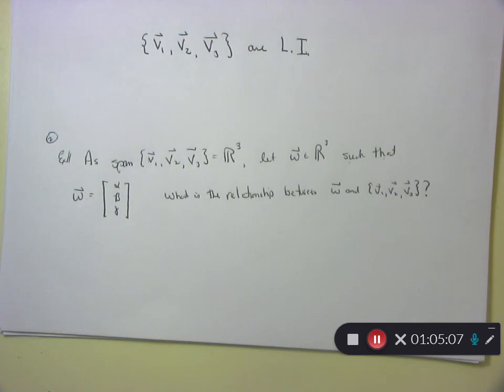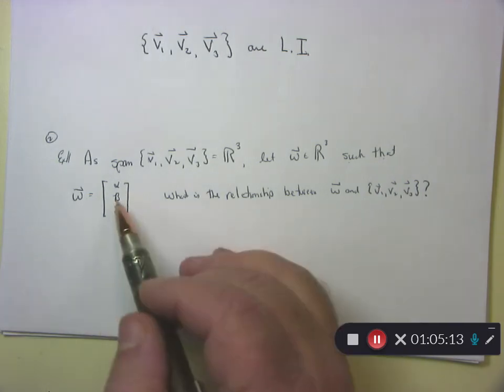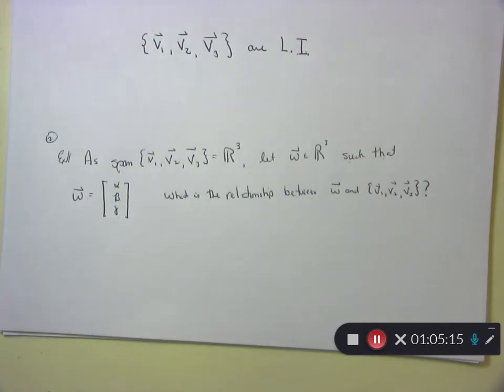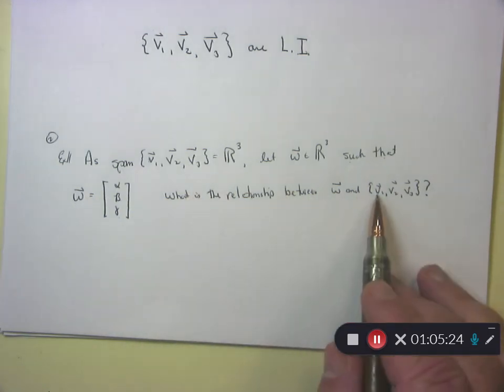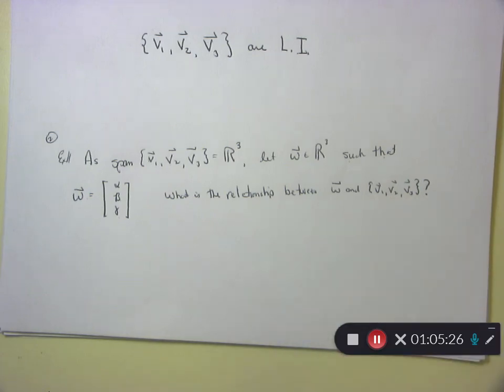It's R3, so I've got to have three components. What are my three components? Just to completely blow your mind, let's go Greek. Alpha, beta, and gamma, okay? Some very arbitrary constants here. Alpha, beta, gamma. What is the relationship between W and the V1, V2, and V3? That's the big deal, okay?